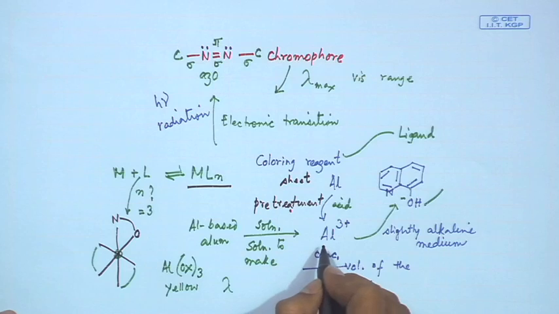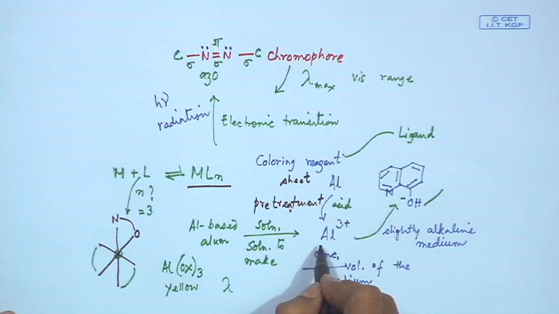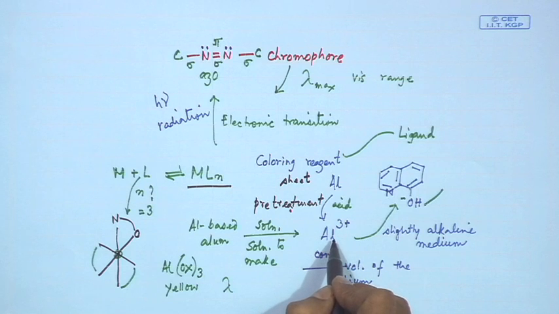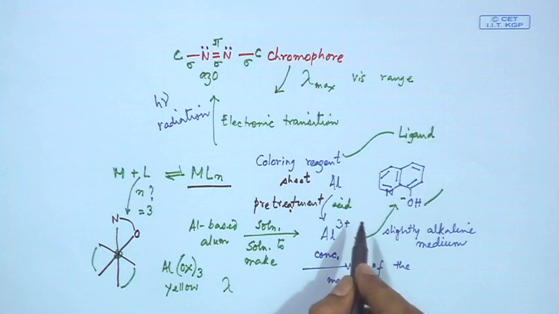So, we will be able to detect the aluminum 3 plus solution, which is colorless in the solution medium, and if the concentration of this solution, that metal ion or the aluminum ion, is very less, your color will be more and more faint.